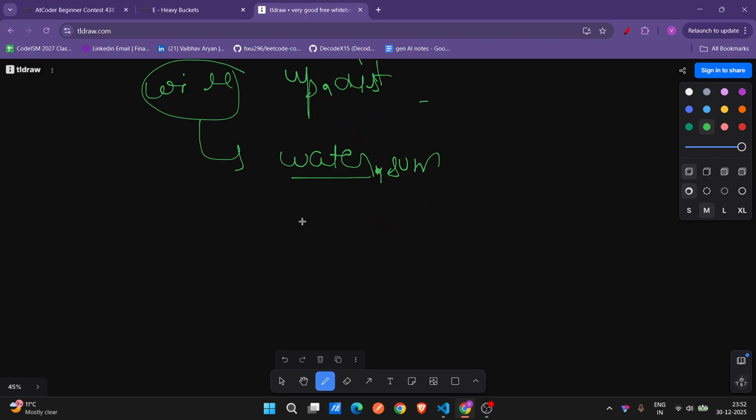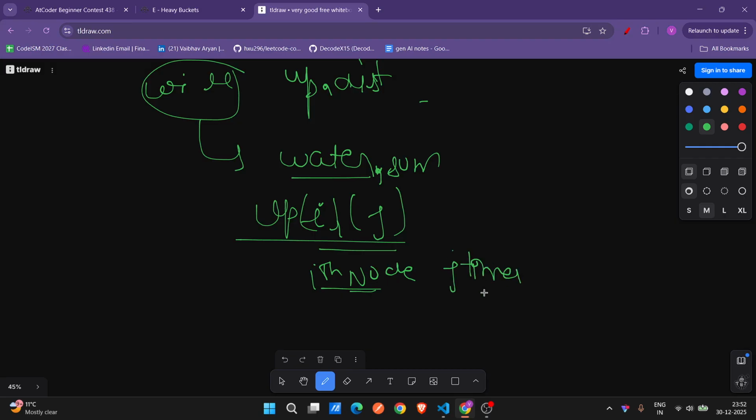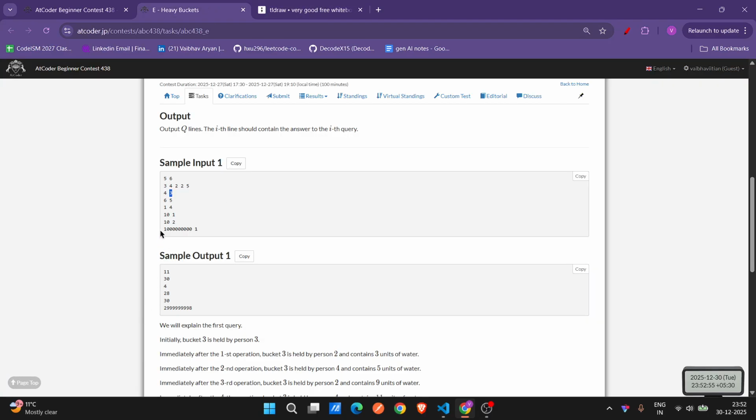Suppose I say up of i comma j. This means what value you will get for the ith node if you jump j times. Suppose you have a value 4.